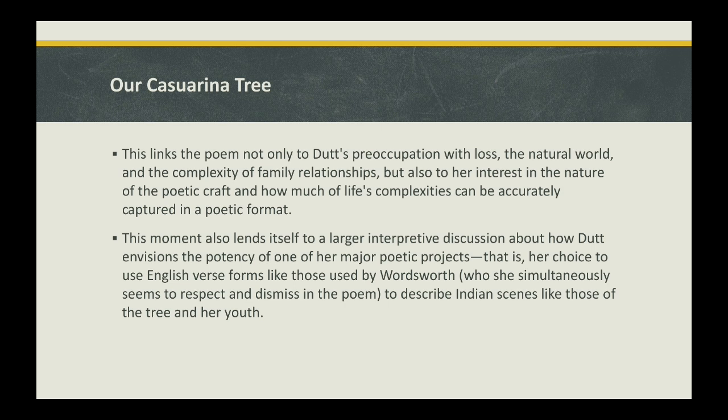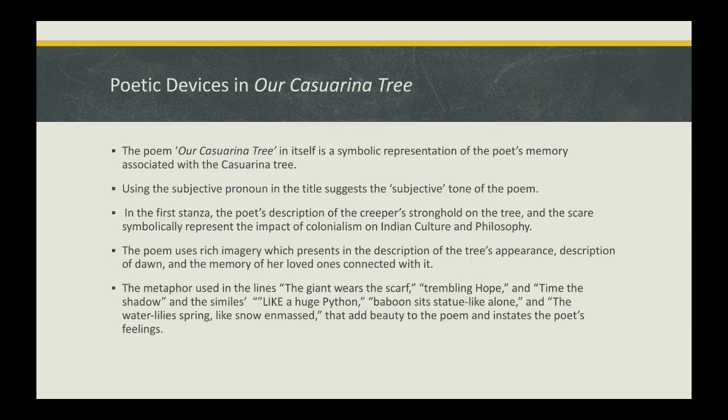And the lines of the poem point not only to that preoccupation with loss, the natural world, and the complexity of family relationships. So basically, she talks about her preoccupation with the loss of her siblings.